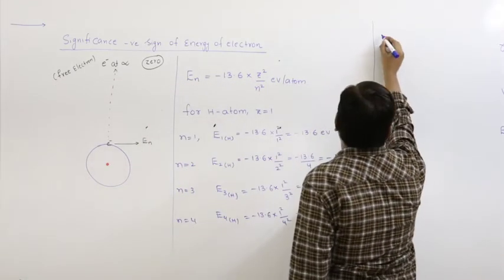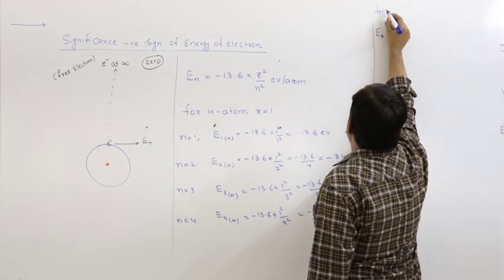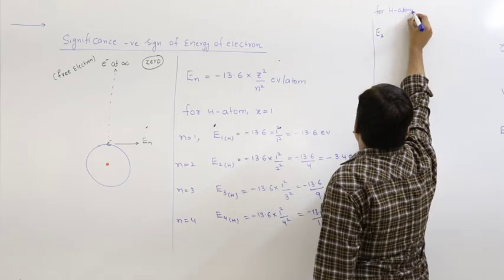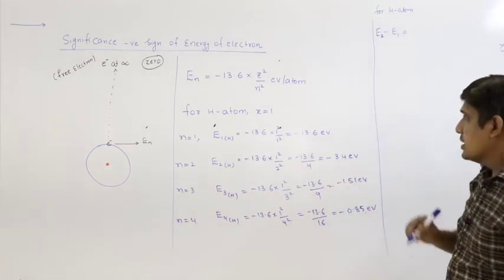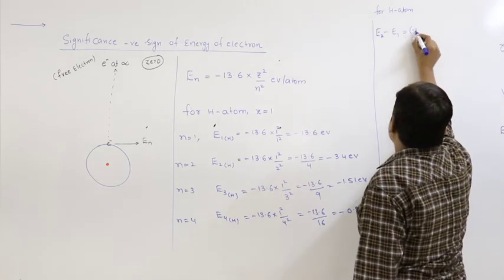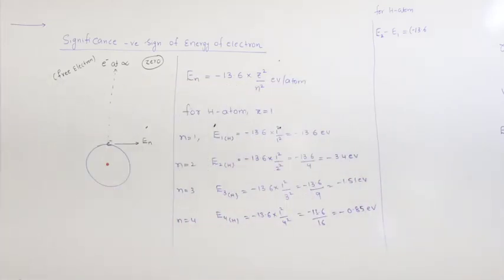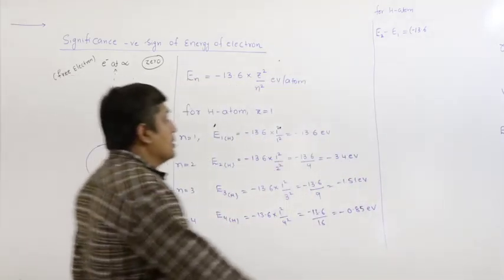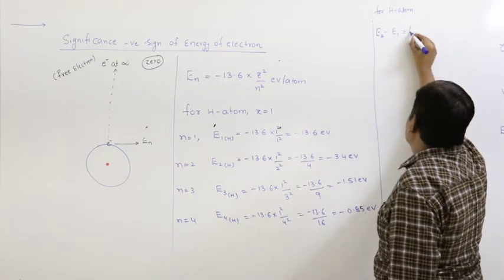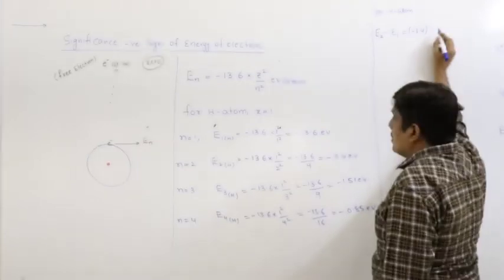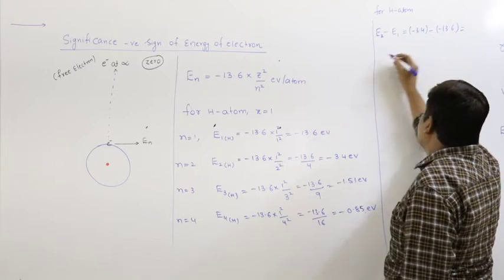Now, I want to find the difference for hydrogen atom between successive energy levels: E2 minus E1. E2 is minus 3.4, minus of minus 13.6.